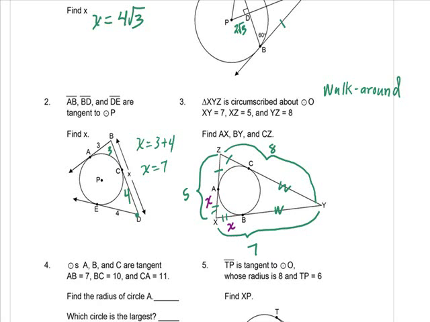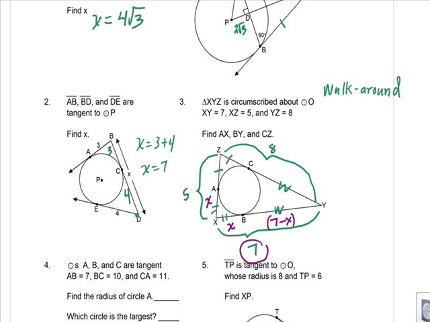Now, if the segment XY is altogether 7, then how could you use the variable X to represent the length of BY? Autumn? 7 minus X. Nice. Well, isn't BY and CY equal?